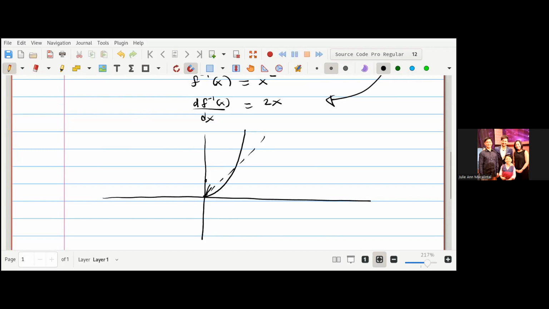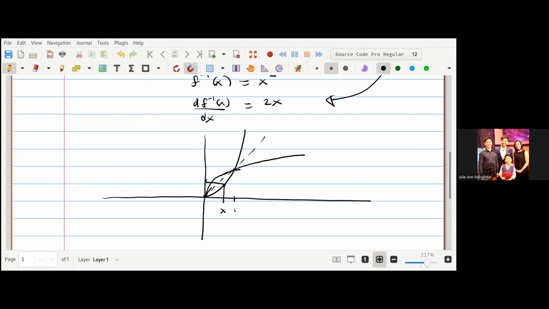Tapos yung square root of x will be like this. And then this is 1. Pangit ng graph ko. Okay, and then let's see.